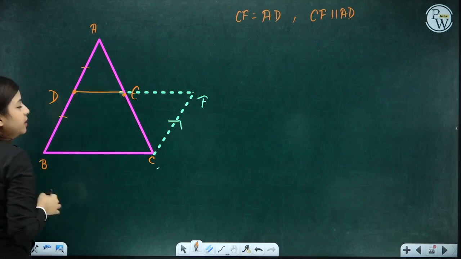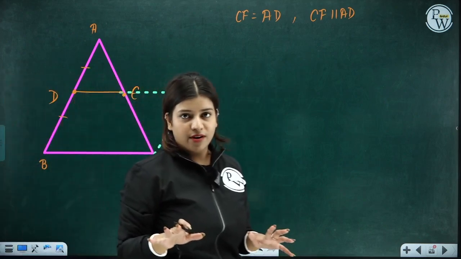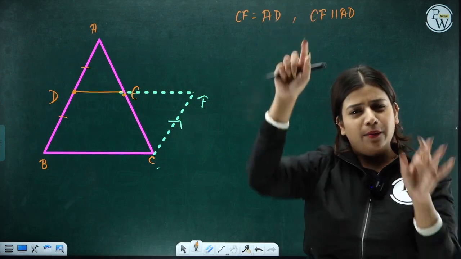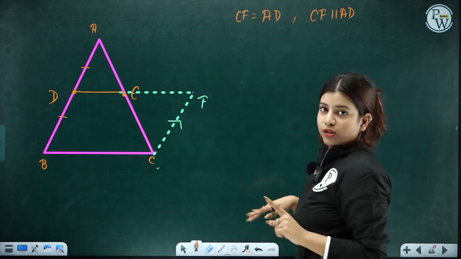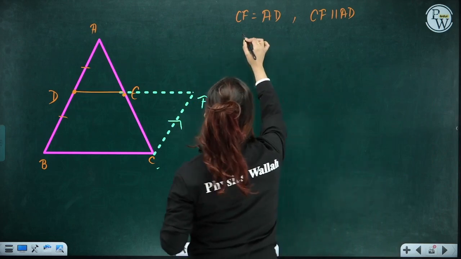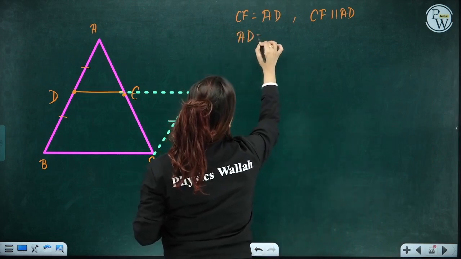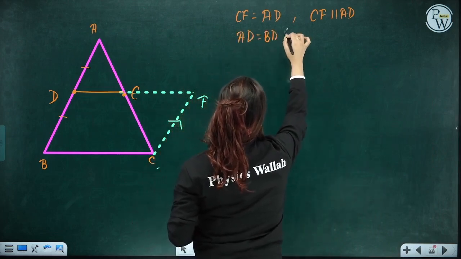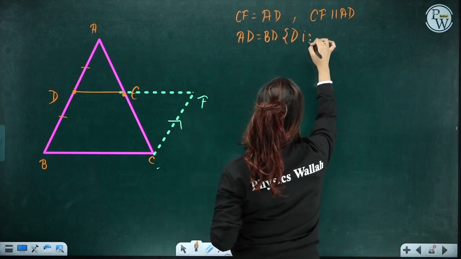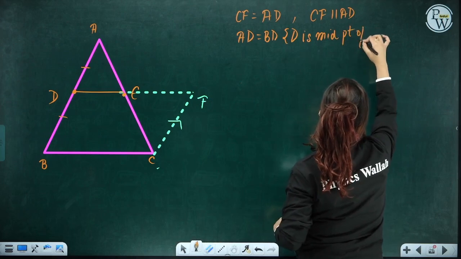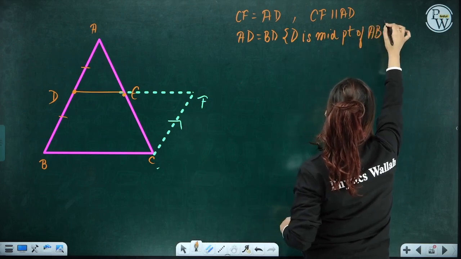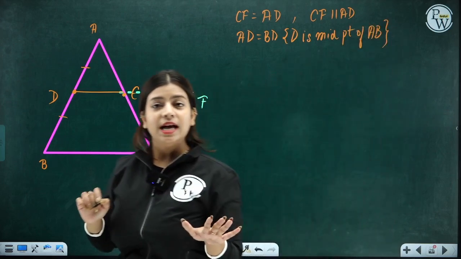So AD will be equal to BD. Why? Because D is the midpoint of AB. As simple as that.